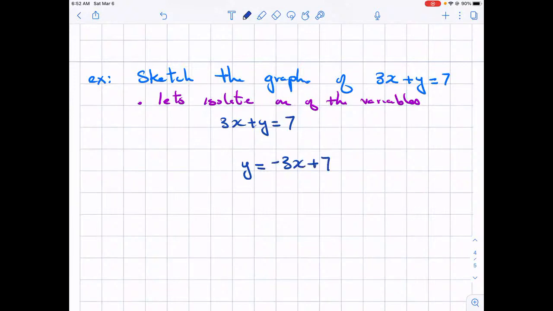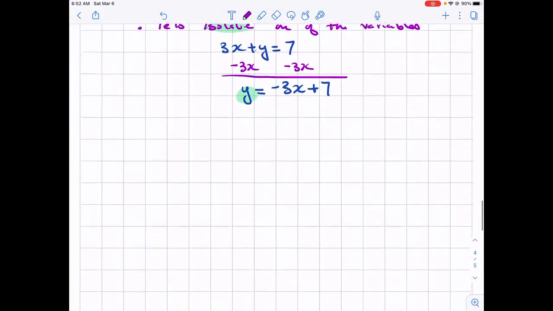So we have isolated y. Basically what we did, we subtracted 3x on both sides. Now we can construct a table.